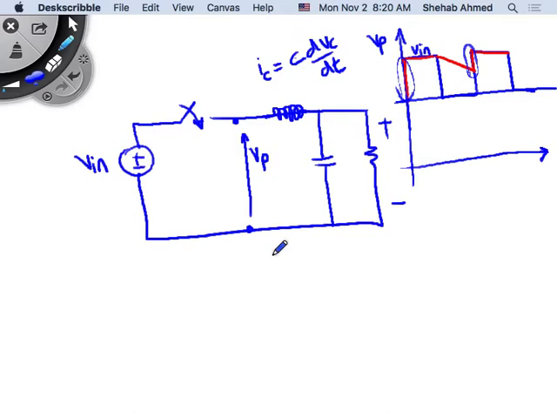So basically what the inductance does in that case is not allow these huge spikes in current. So instead of very large spikes in current to charge my capacitor in a very short period of time, actually this is not correct.